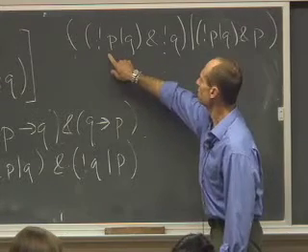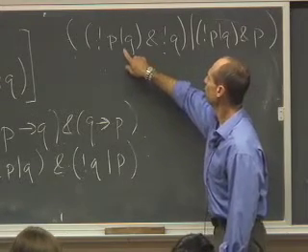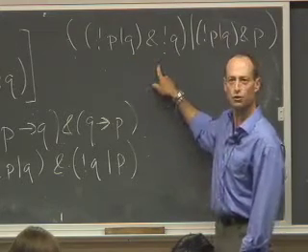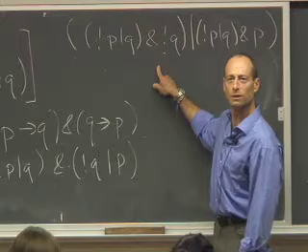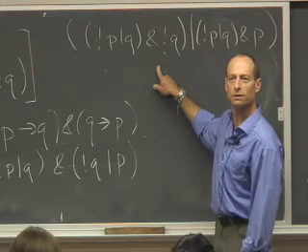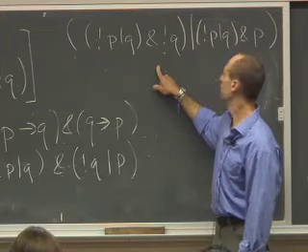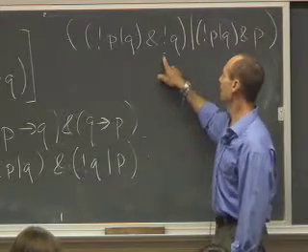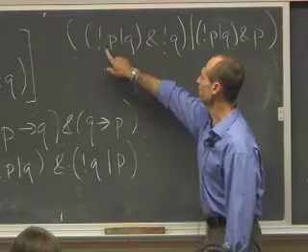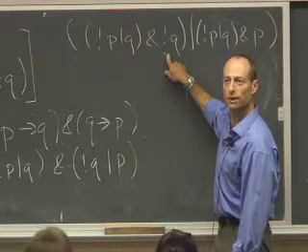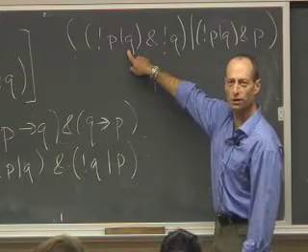Look at this. This is not P or Q and not Q. How can this possibly be true? Yeah. The only way for this to be true is if not P is true and not Q is true. Right? So the Q here isn't helping.